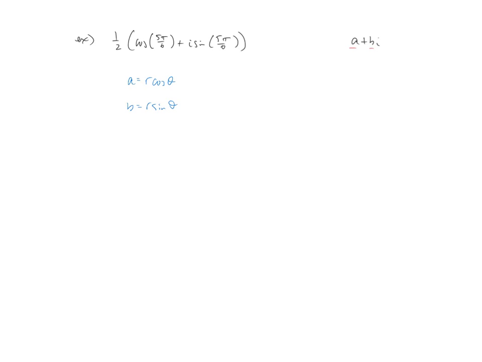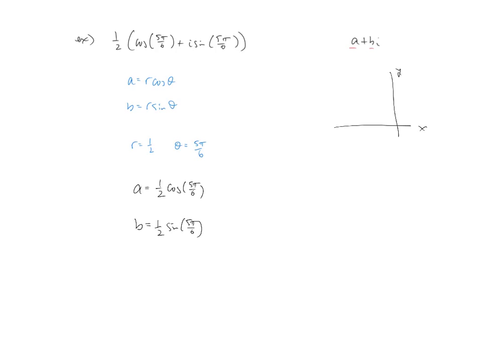So you can see from the original problem, our r value is given as 1/2. Theta was given as 5 pi over 6. So I'm really just going to need to take these two values, plug them in here, and then we'll find out what a and b are. So a is going to be 1/2 cosine 5 pi over 6. b would be 1/2 sine of 5 pi over 6.